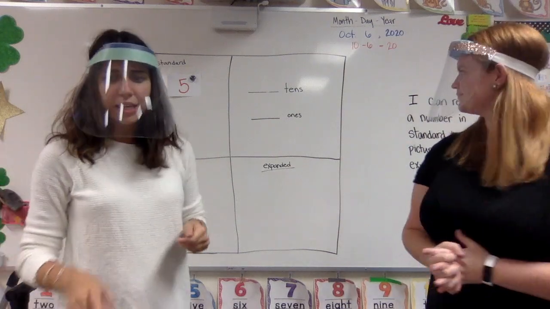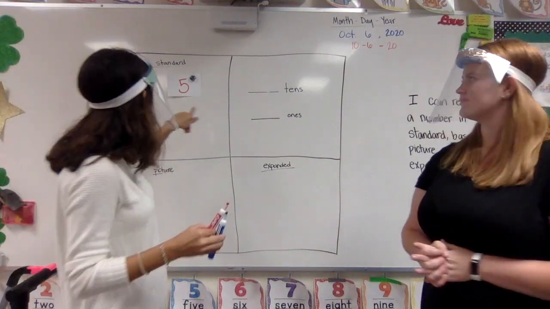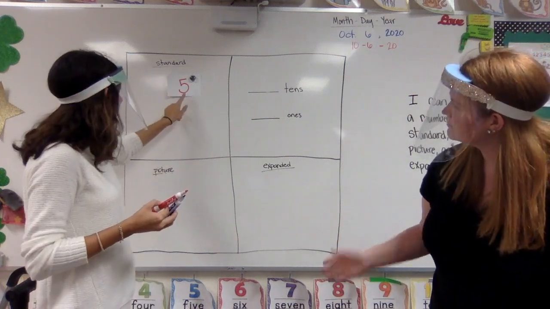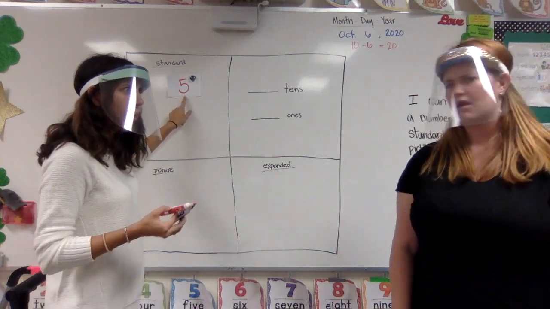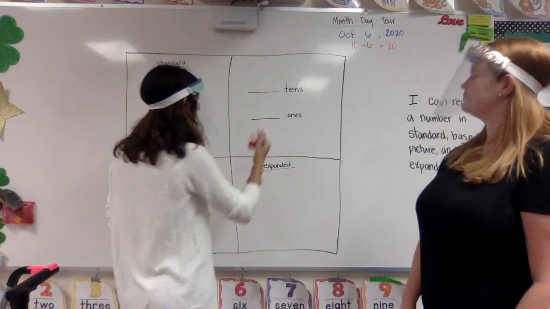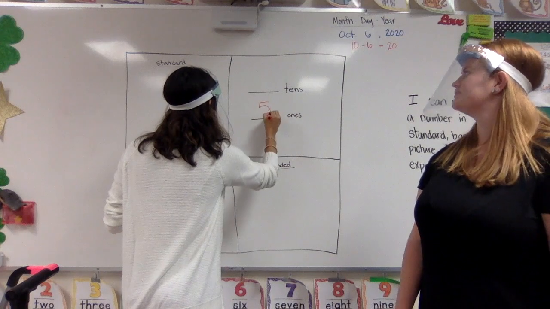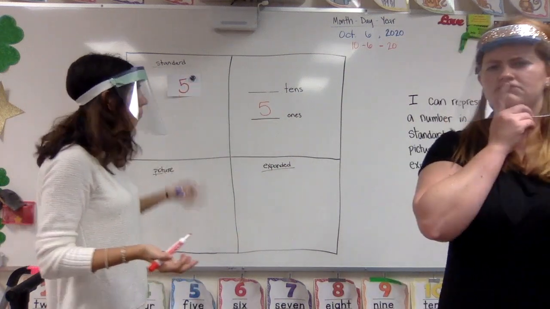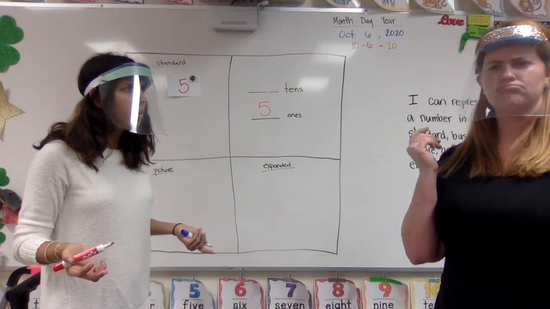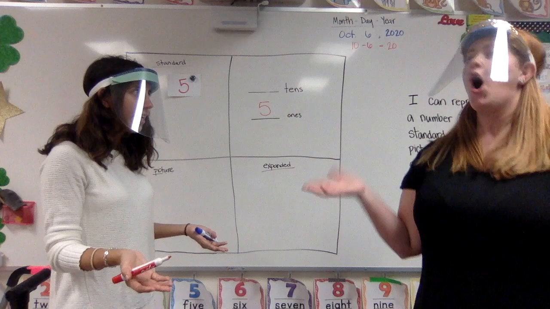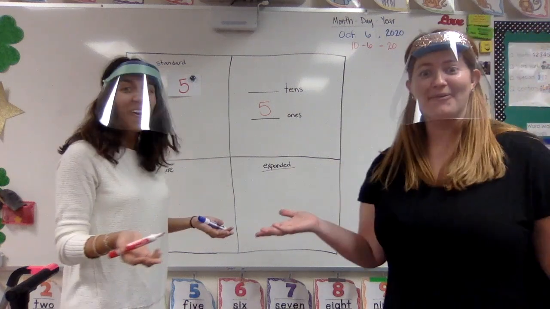So I'm going to go ahead and get started on my 10s and 1s. But Miss Lime, there's only 1 digit in this number, and it's the 1s place. So I know that obviously in my 1s place, I would put my 5. But what do I put in my 10s? There's only 1 number up here. You don't have any 10s, Miss Lestico. So if we don't have any, you put 0.